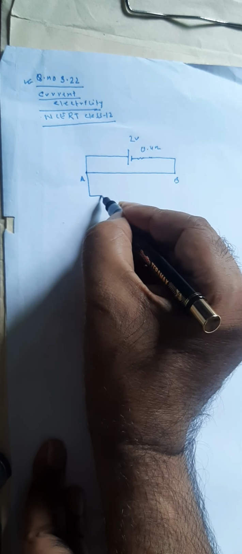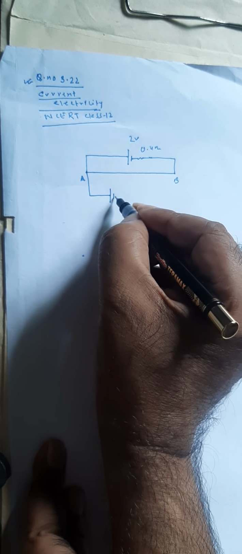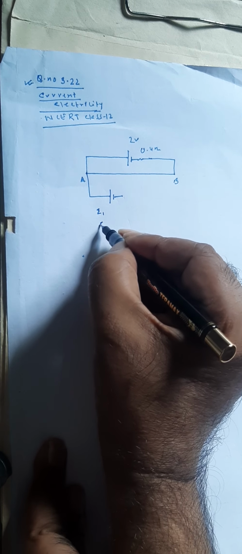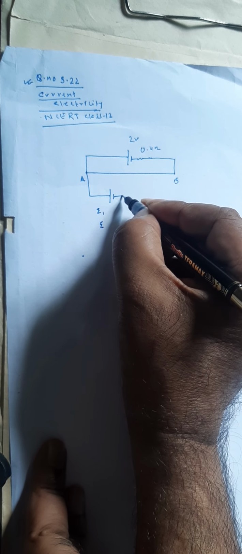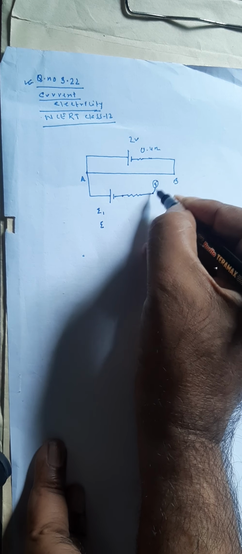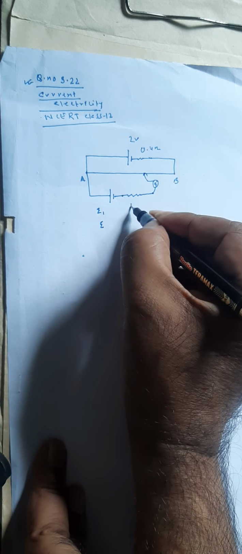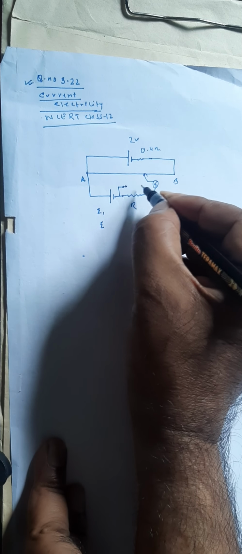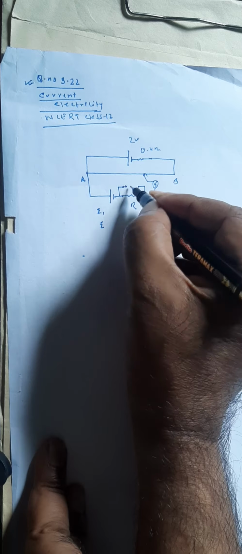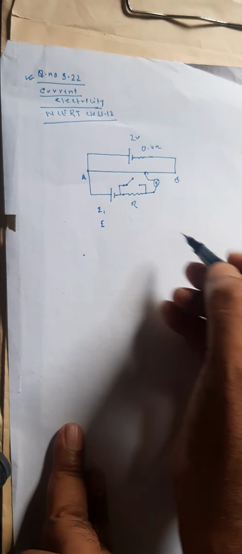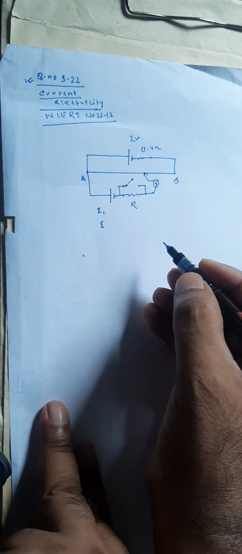Here is the cell E1 and then E, through the high resistance and then a galvanometer. This is the high resistance R, which can be short circuited using the key, otherwise it can be used through the R. So this is the question. And first, what is the value of E?